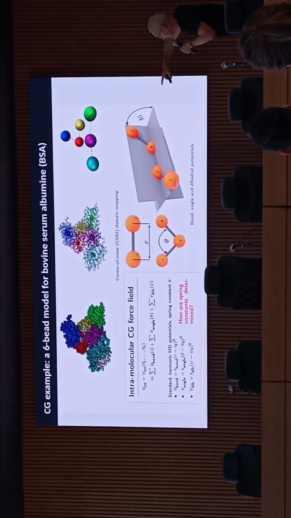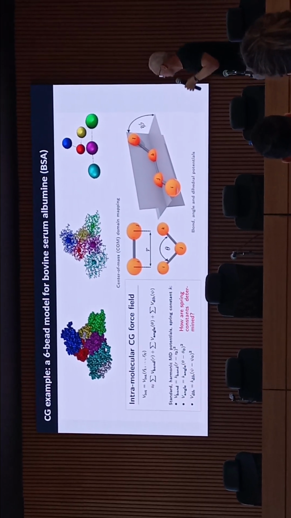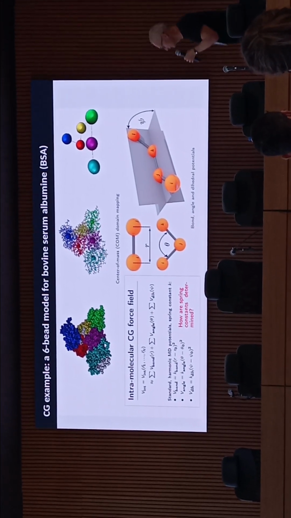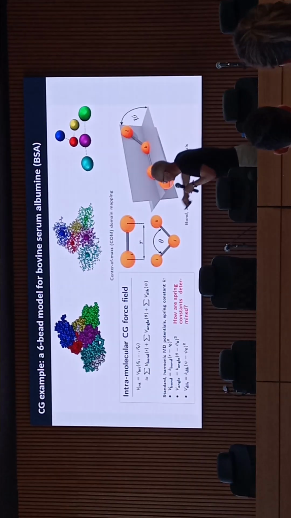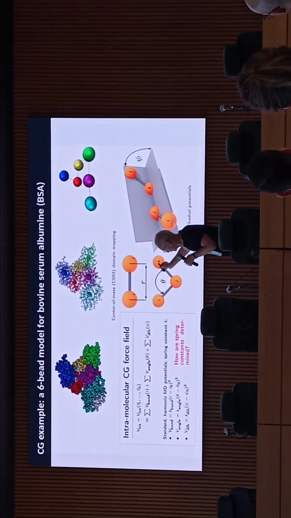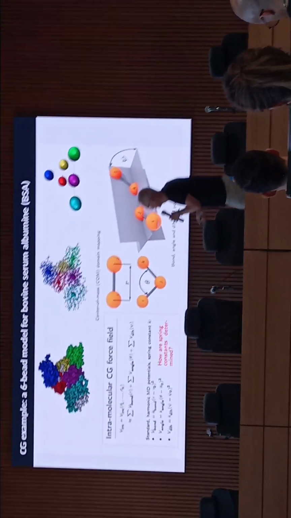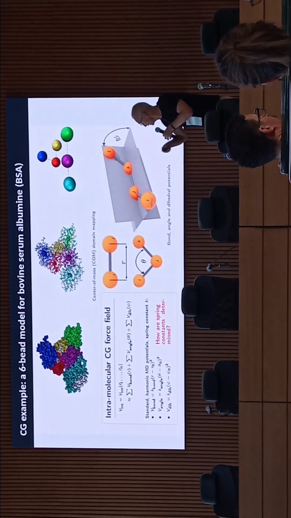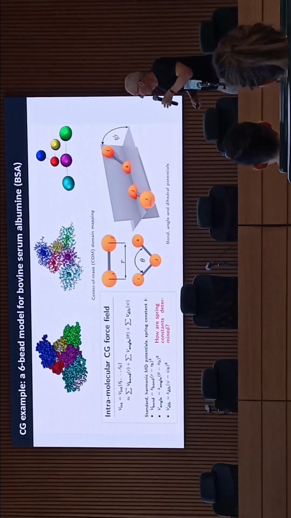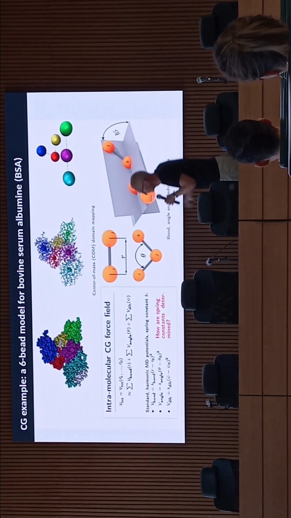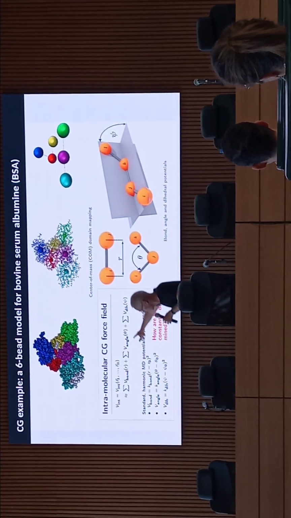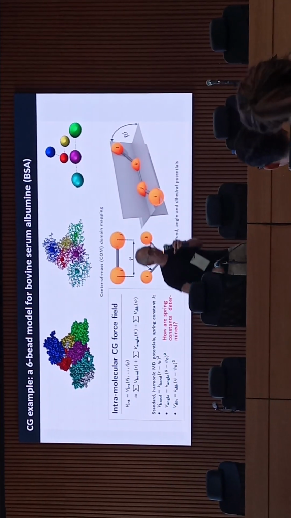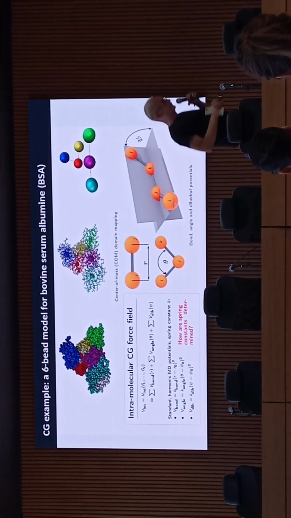By that, bovine serum albumin becomes a 6-bead particle, and you need to parameterize the interactions, like torsional angle flexibility, the so-called dihedral angle flexibility, and with that you get a full coarse-grained force field. But how do you get the actual potential parameters from that?